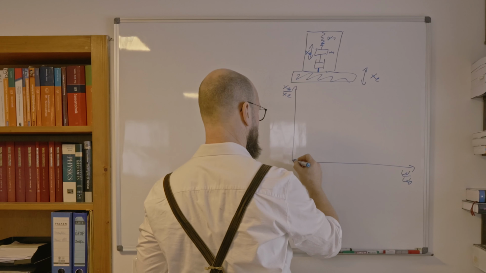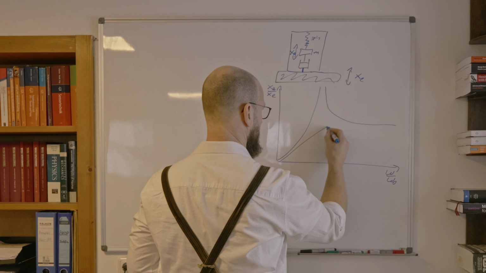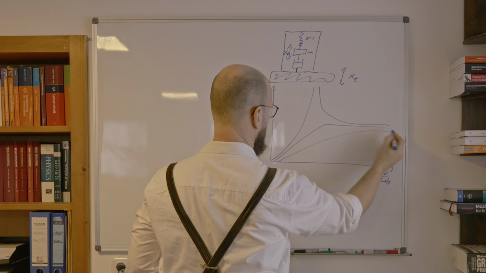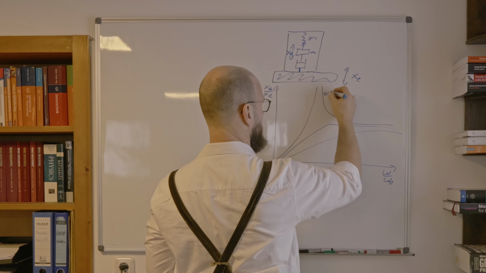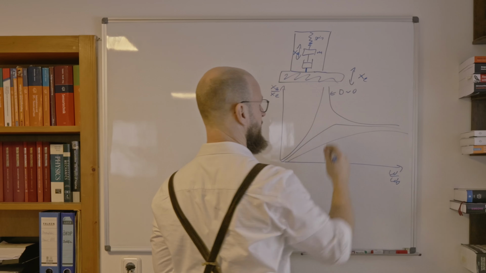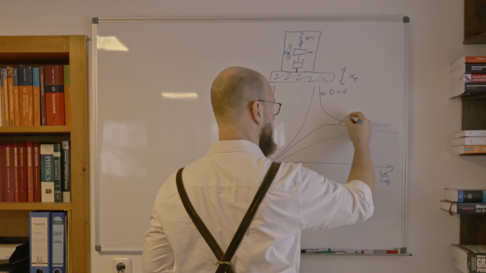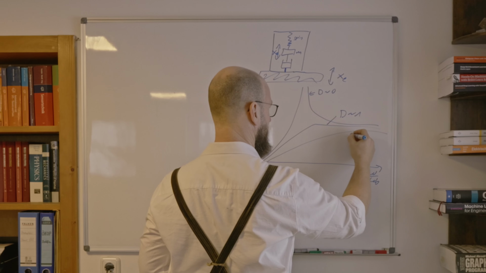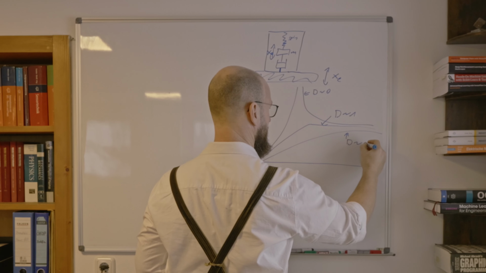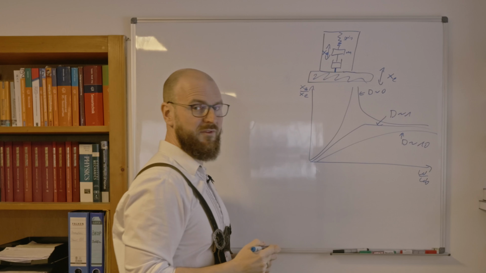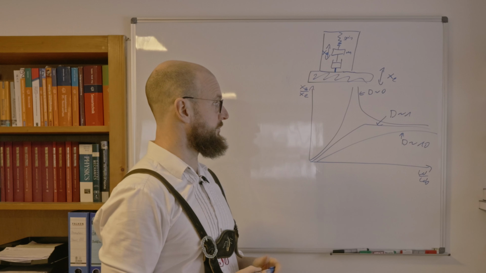And we get something like that, depending on the damping of the system. So for that, we are at a very low damping area. At that, we are at a damping area of about 1, and there we have some damping area which is large. I will just write down 10, something like that, and we can discuss that behavior.